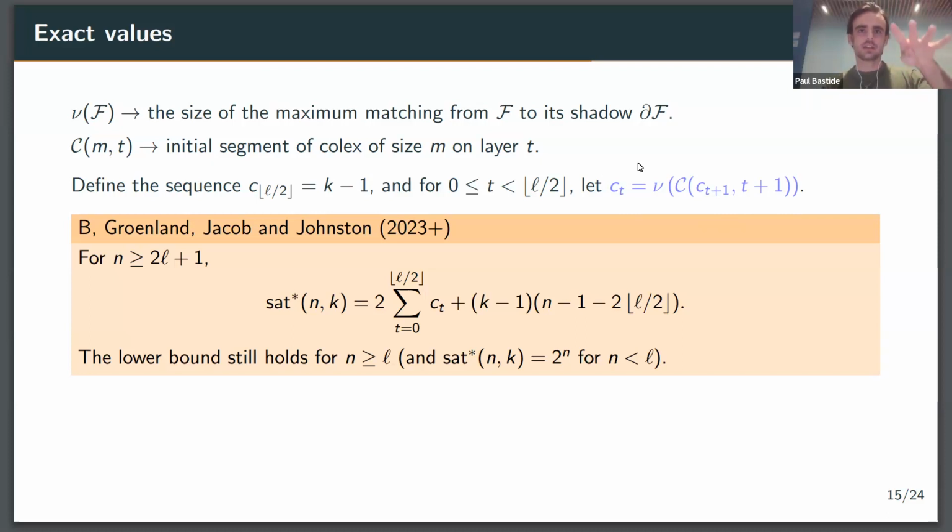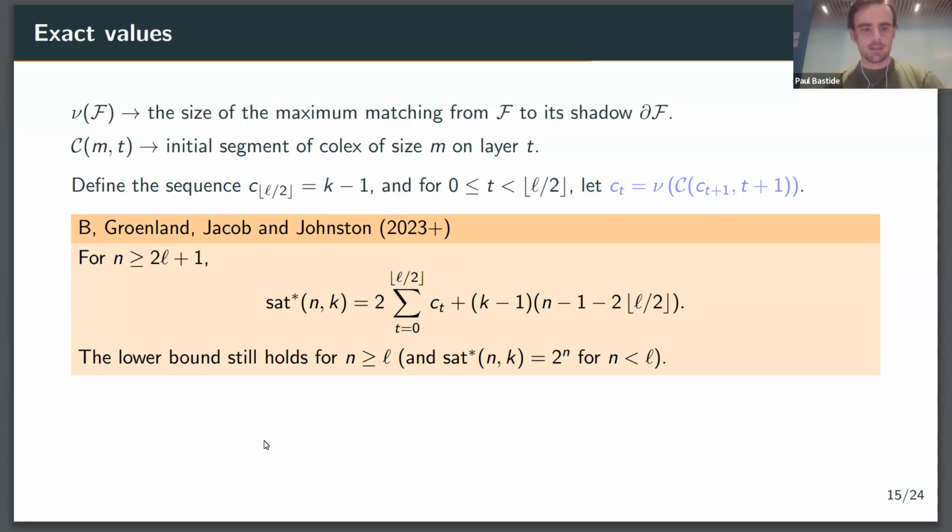So you take the maximum matching, then the maximum matching from again below and below and below until you reach just the empty set. And this is in fact optimal. So what I showed you a glimpse of just before is how to prove the lower bound, this part of the lower bound for the lower levels. And of course the top level works the same. So that's why you get a factor 2 here.